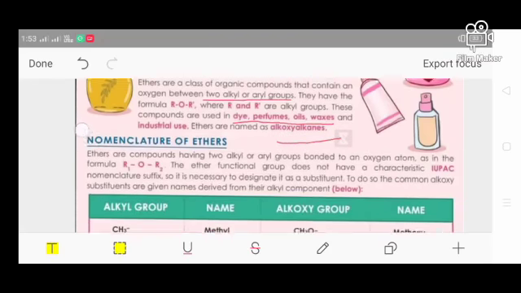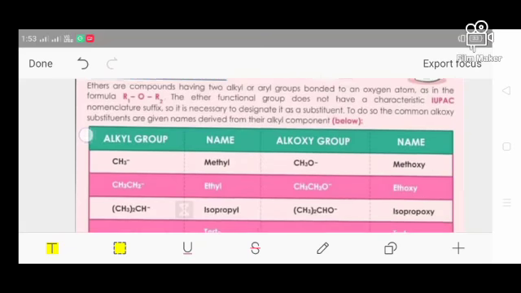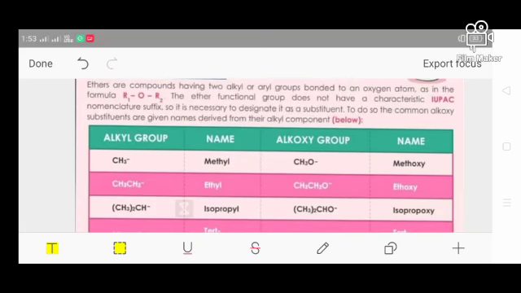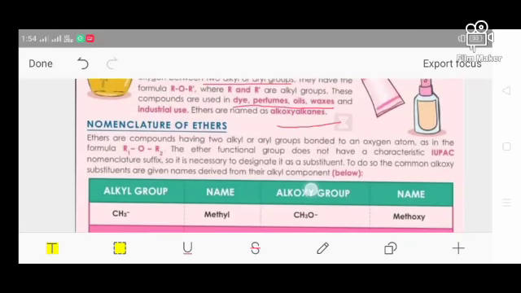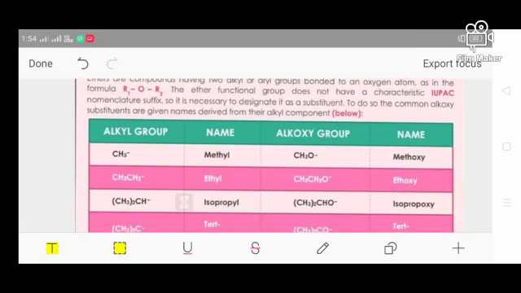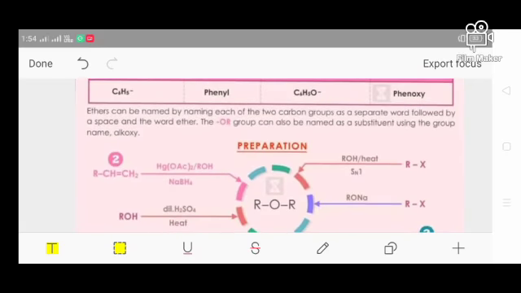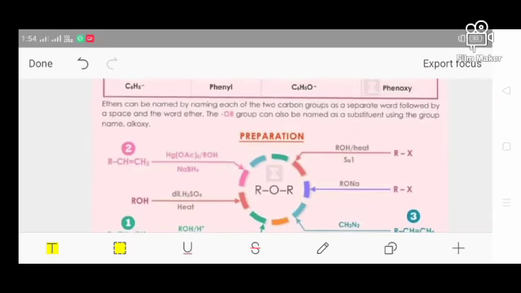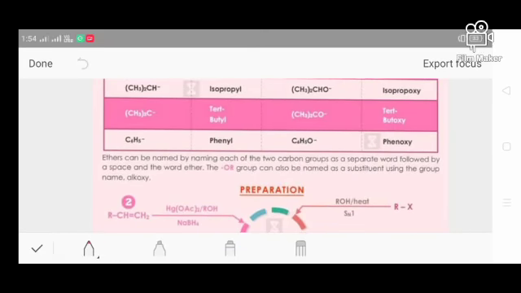So how it is named, you have to listen here. First you have to choose the alkoxy group and the alkyl group. Suppose there is a question having CH3OCH3.